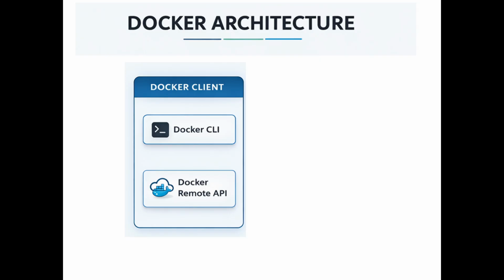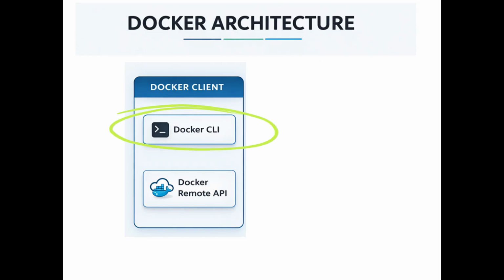Now inside the Docker client, there are two main ways to communicate with the Docker server. The first way is Docker CLI, which stands for command line interface. This is the most commonly used method by developers.